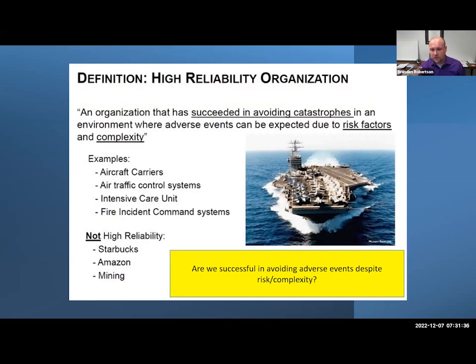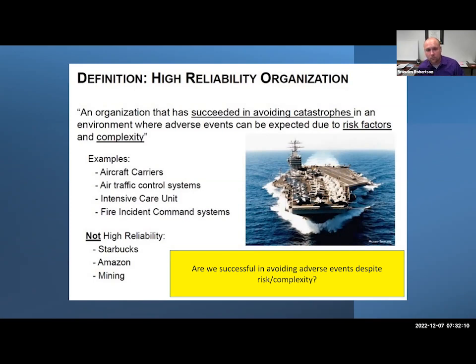But that organization, aircraft carriers, tend to succeed in avoiding those catastrophes because even the lowest person on that ship, even the person whose job it is to sweep the ship, to get everything off the deck of it, understands that if they do not perform their job to their best, even if they didn't get enough sleep last night or they're stressed about whatever, that plane may not land.